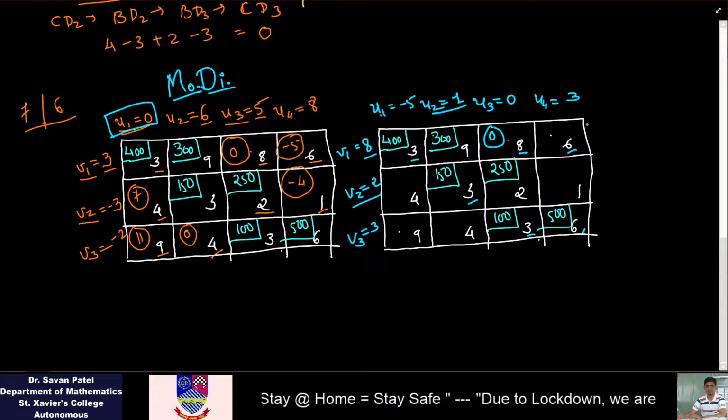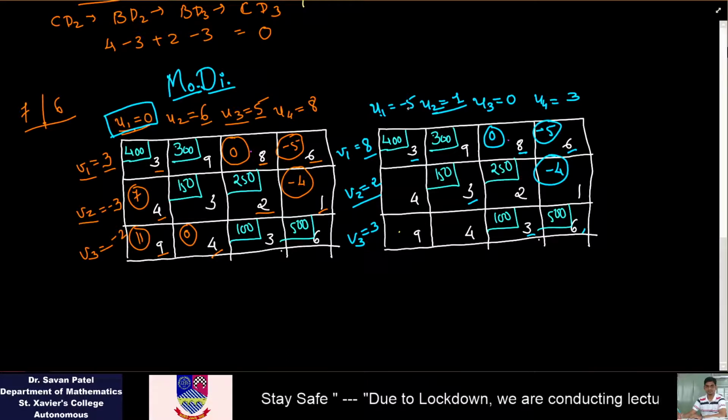Here 6. So 6 minus 3 plus 8, that is 11. So 6 minus 11, that is minus 5. Here it is 1. So 2 plus 3, that is 5. 1 minus 5, it is minus 4. Here it is 4.